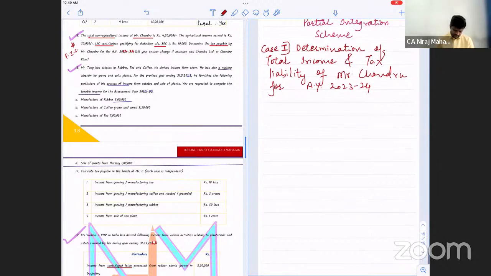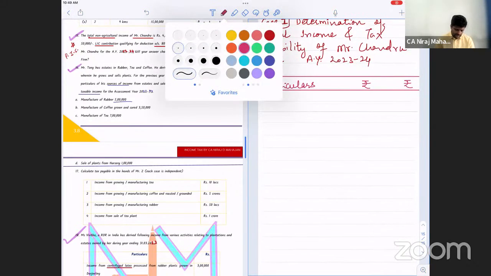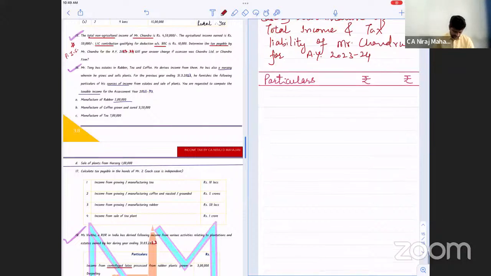Fine. Particulars, rupees. See, they are asking us tax liability in the question. But for tax liability, first you should have NTI, net taxable income, net total income. Clear? First part.